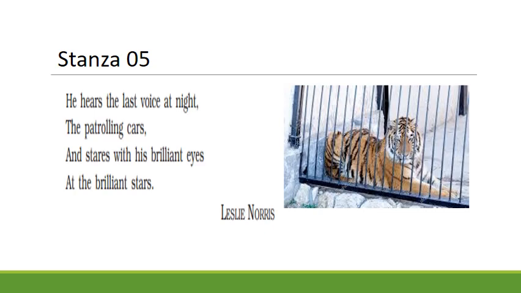So the sound of these cars is the only sound these tigers or other animals hear during the night time, and he stares with his brilliant eyes at brilliant stars.